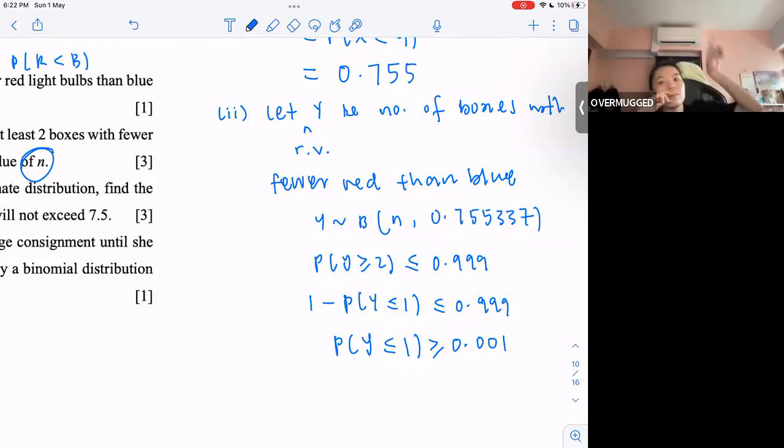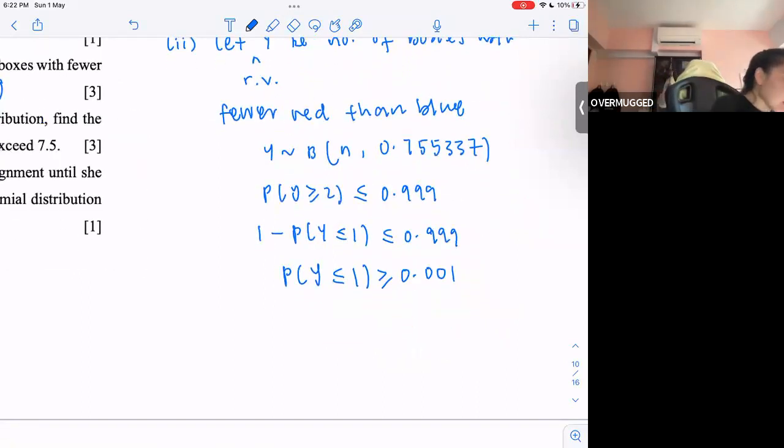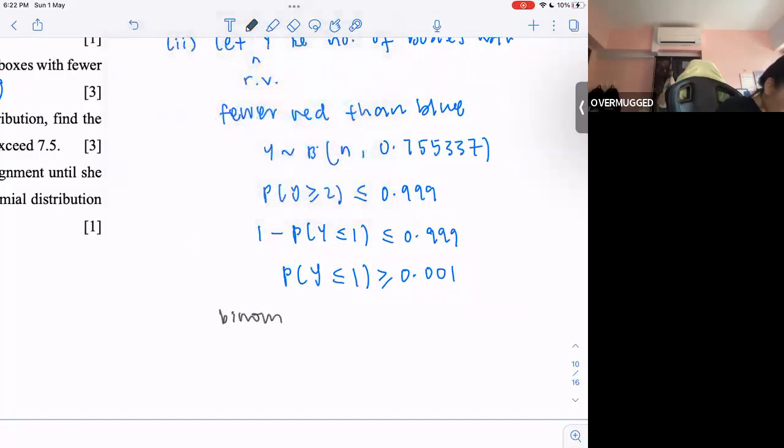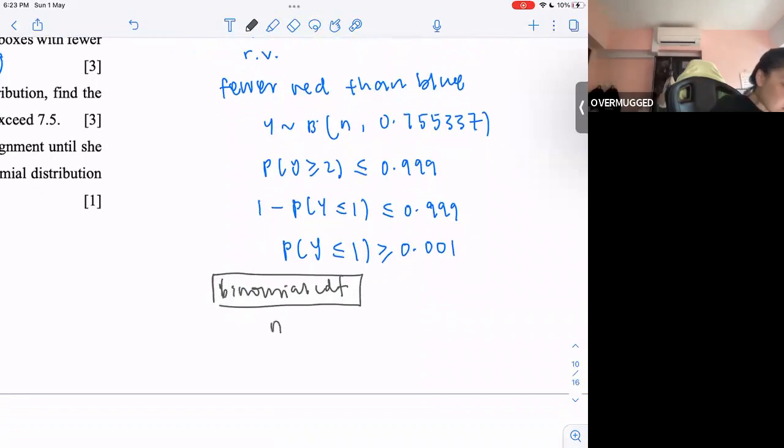You click the top left where it says Y equals, then go to the different graphing equations and put in the binomial CDF, where your n will this time be your X, and your p will follow, 0.755337.